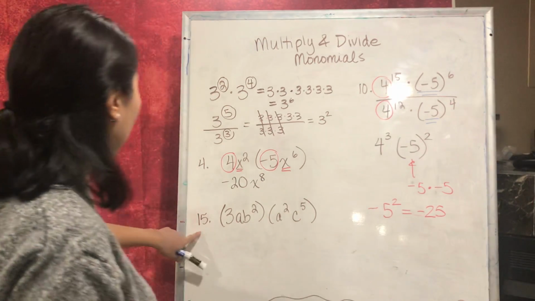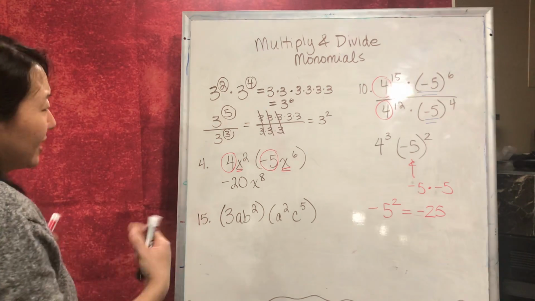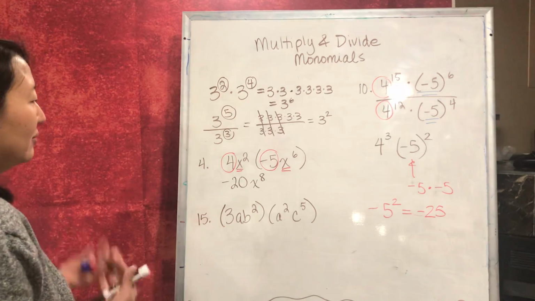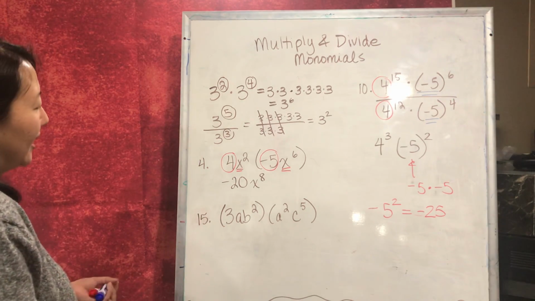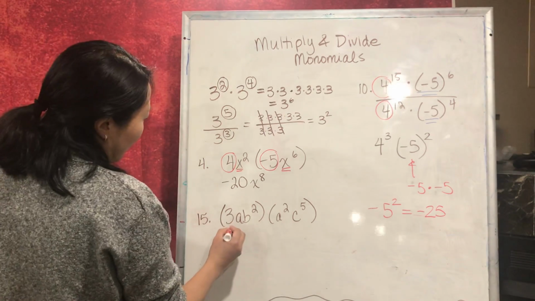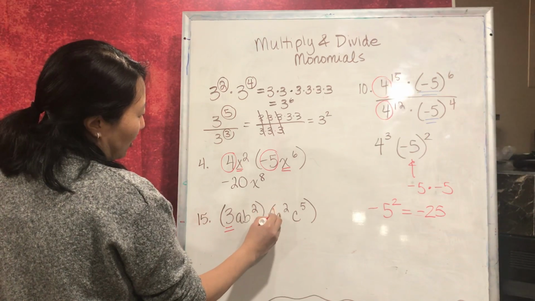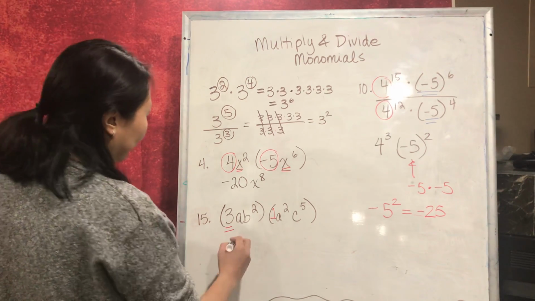All right, number 15, this is on the second page of the worksheet, or the second sheet rather. Again, we're multiplying, but the terms are getting a little more complicated. First I start with the coefficient. I see a 3 here. I don't see a number here, which means it's as if there's an invisible 1. So 3 times 1 is obviously 3.